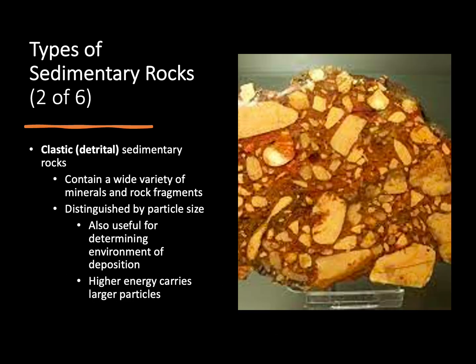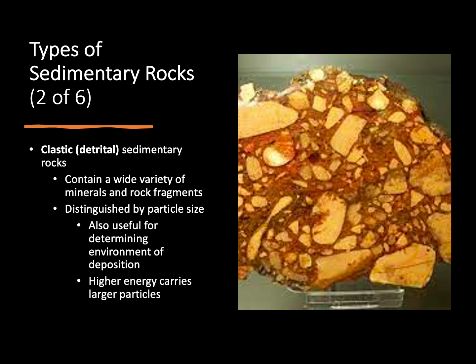But to get into each of these 3 just a little bit more, we're going to start off with our clastic sedimentary rocks. And again, these are the ones made up of pre-existing rock pieces that were weathered down and then transported somewhere else to be deposited. So they contain a lot of different types of rocks and minerals inside of them.